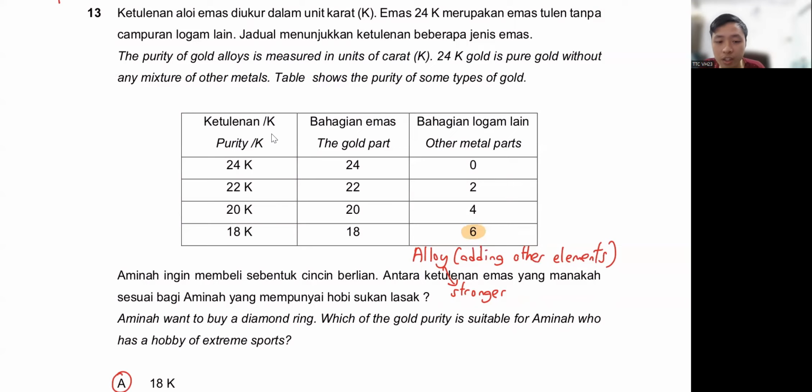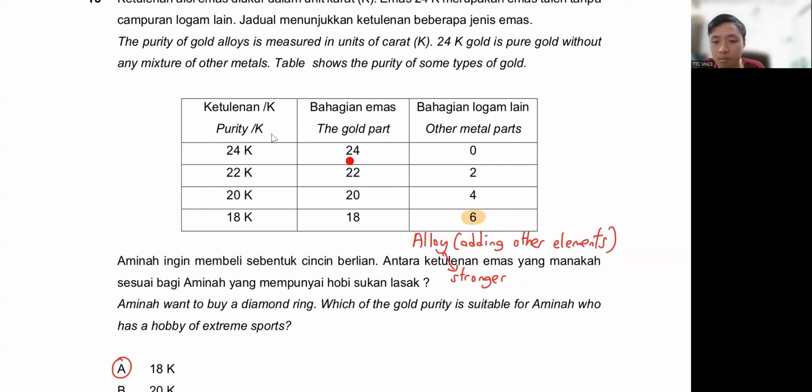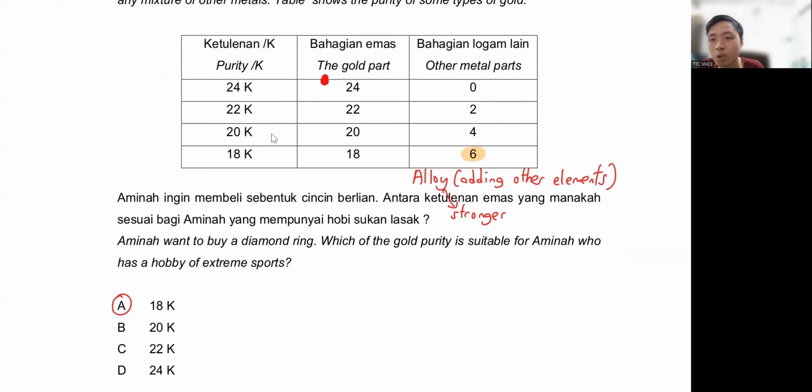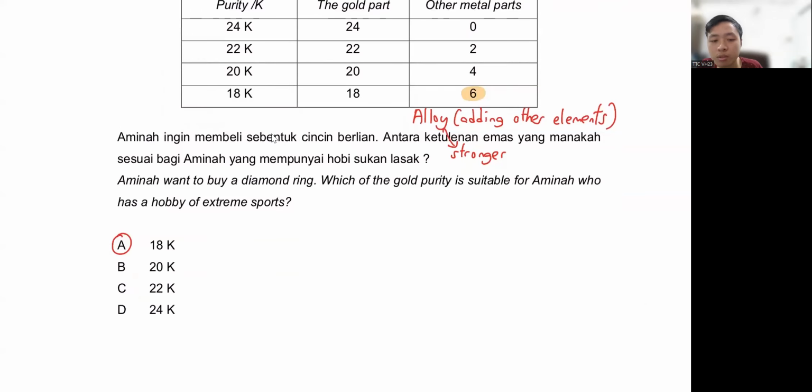So the answer is yes, 18K. Yeah. Because you have to add more other parts so that you can disturb the structure of the element. The answer is 18K. Yeah. Cannot be just pure gold, not strong enough. They have to add some other material to disturb the structure, alloy, so that it become even stronger.